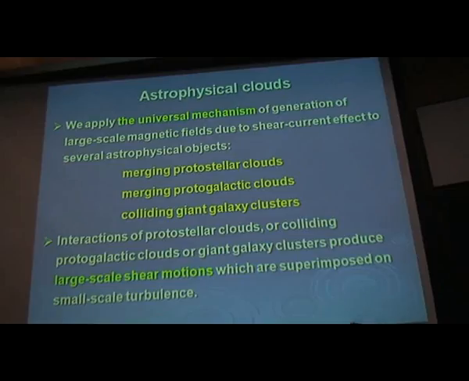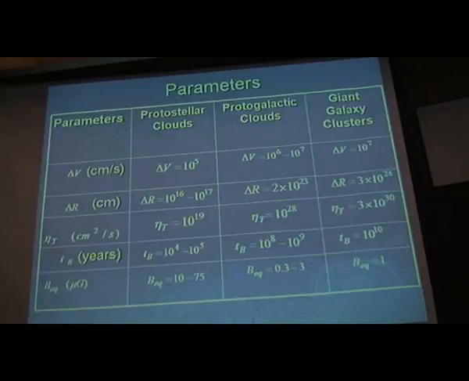And application of this theory to protostellar clouds and protogalactic clouds shows that the level of saturation of the magnetic field is of the order of equipartition, and these estimates yield reasonable numbers for these objects.